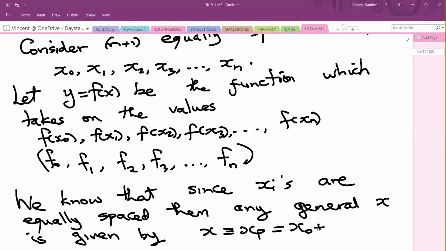How do you get a general x_p value with reference to x naught?